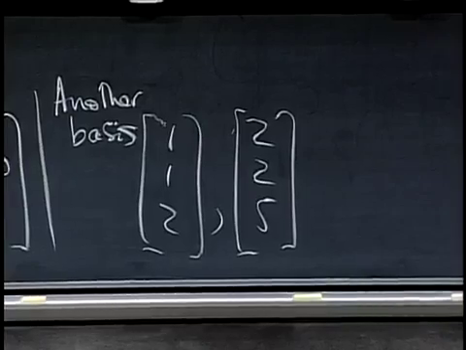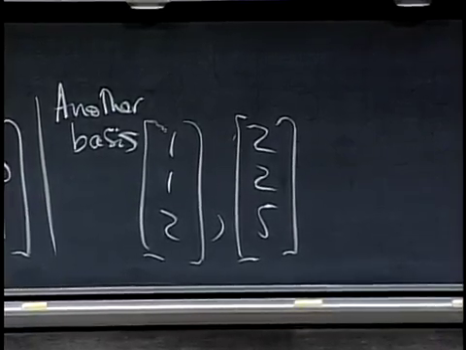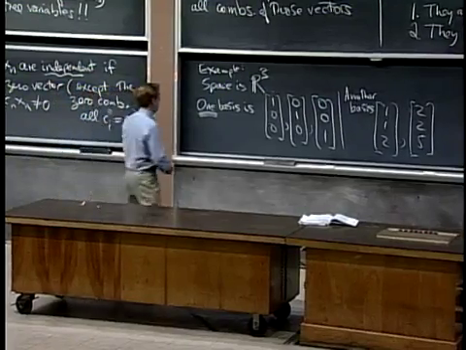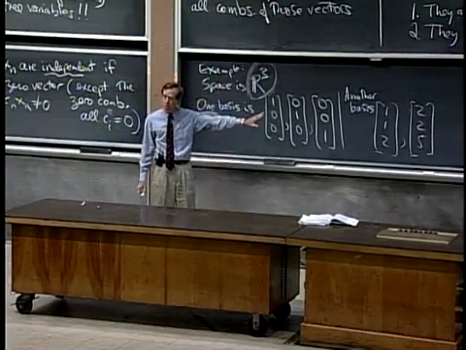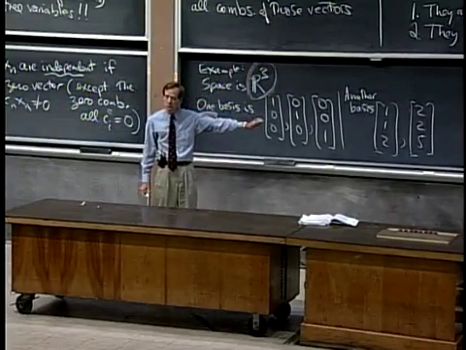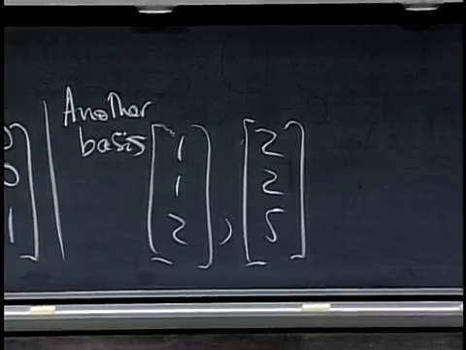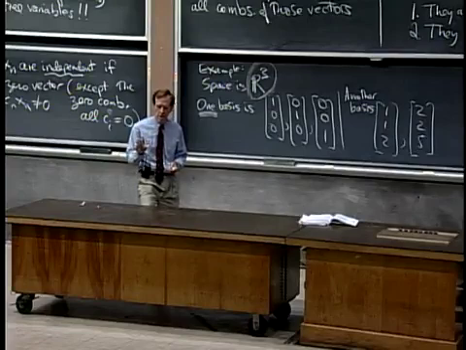Has that little bunch of vectors got the properties that I'm asking for in a basis for R3? We're looking for a basis for R3. Are those two column vectors independent? Yes. Do they span R3? No. Our feeling is no. Our feeling is that there are some vectors in R3 that are not combinations of those.